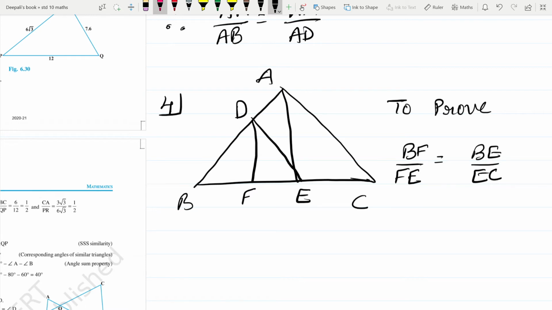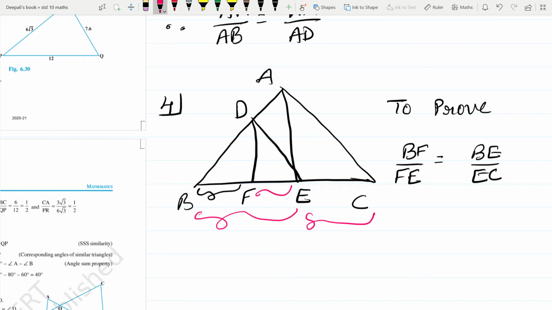That is BF upon FC is equal to BE upon EC.